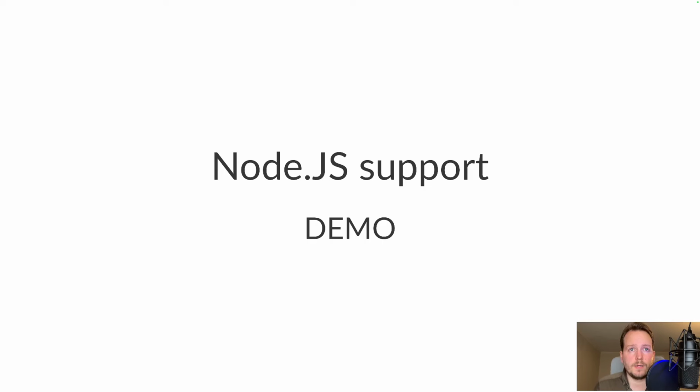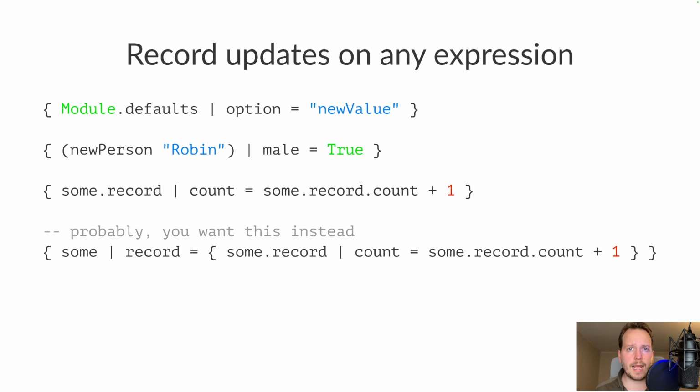All right. So that was a demo on how you can write Node.js applications in Gren. Another thing that happened in the O2 release was being able to perform record updates on arbitrary expressions. All of the examples on this slide are valid Gren code, but they're invalid Elm code.